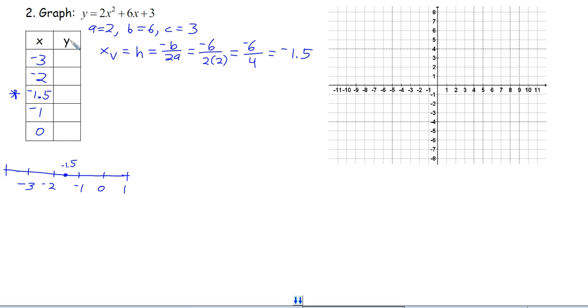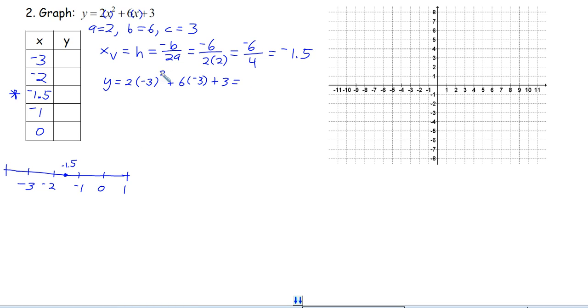Okay, so let's go ahead and start plugging in points. We have everything. I'm going to put parentheses around my x's. And I'm just going to start plugging these points in. I'm going to start with negative 3. So y equals 2 times negative 3 squared plus 6 times negative 3 plus 3.